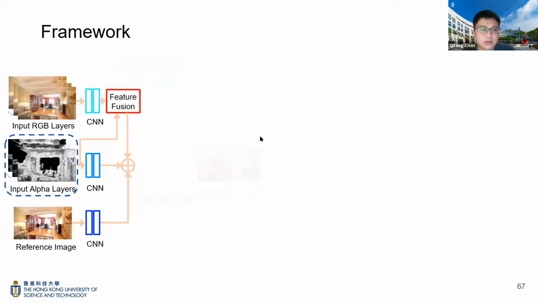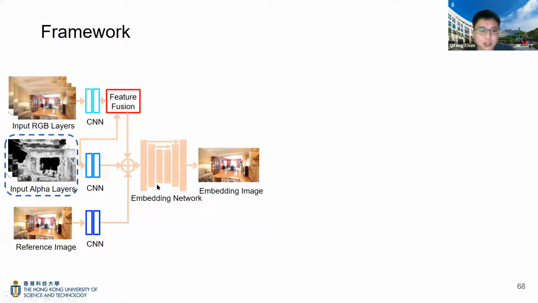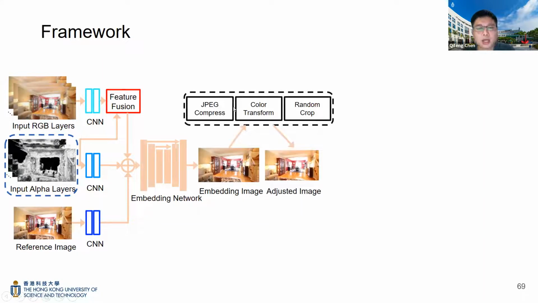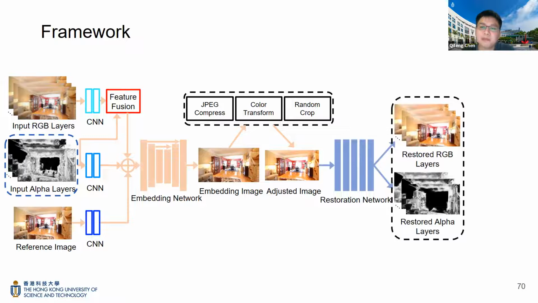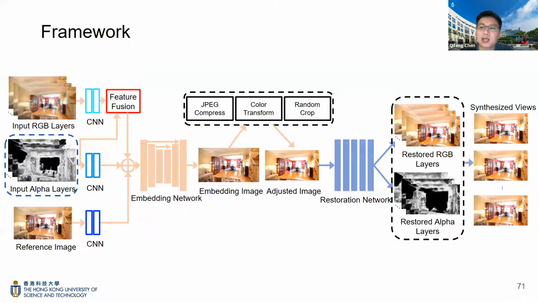With such a design, we have a UNet-like model, and we purposely add a lot of data augmentation: JPEG compression, color transform, random crop. So even if we crop the embedding image or change its color, we can still reconstruct the original MPI model, so that we can do novel view synthesis from a single JPEG image.